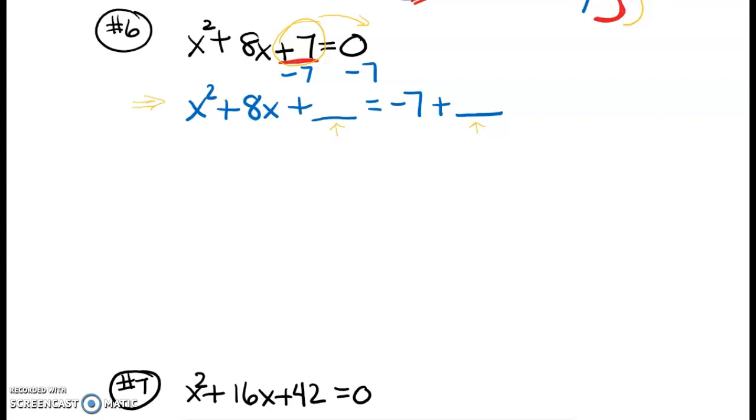And remember, we call that completing the square. So we know to complete the square, we have to take the number in front of our x term, our b value, multiply it by 1/2 and square it.